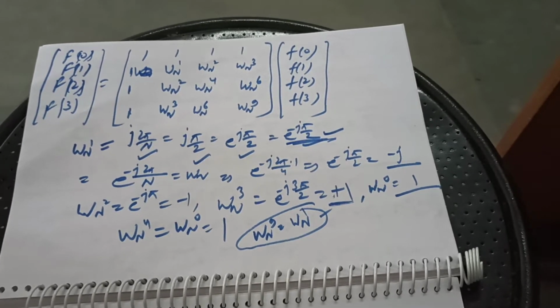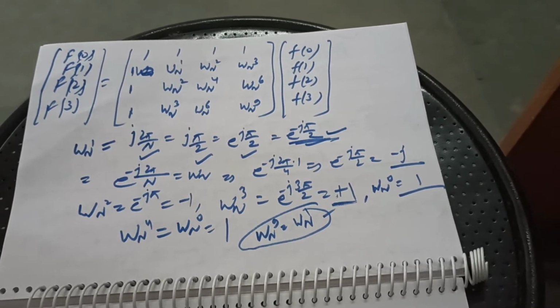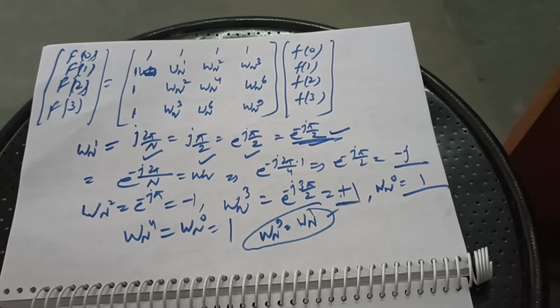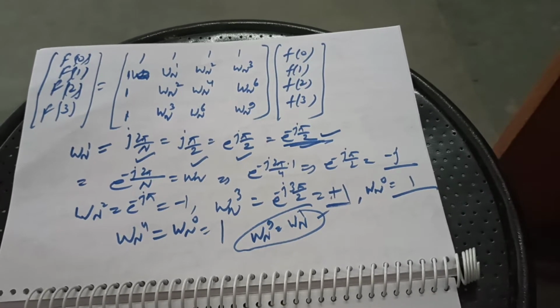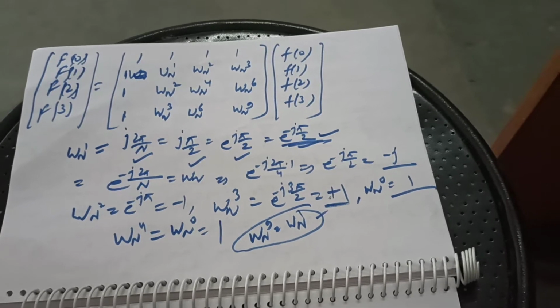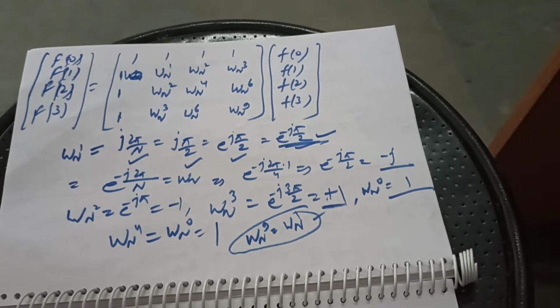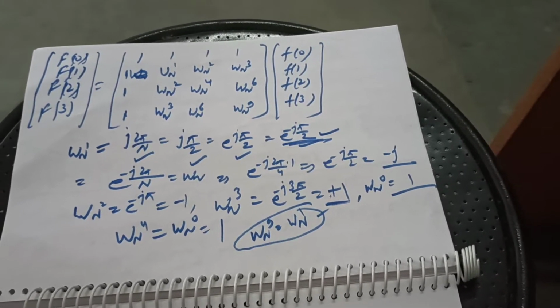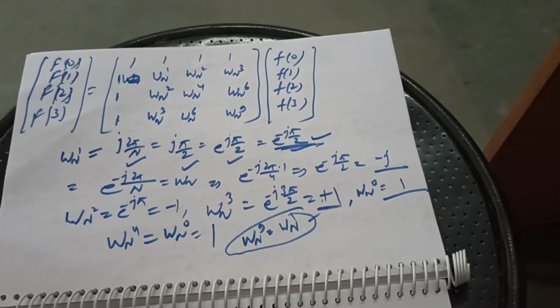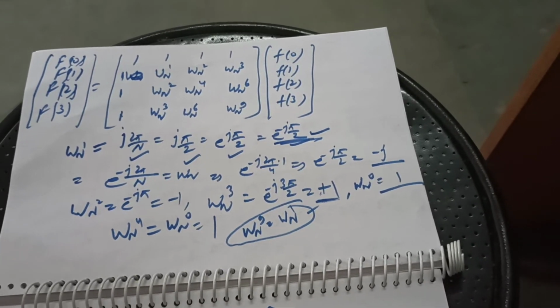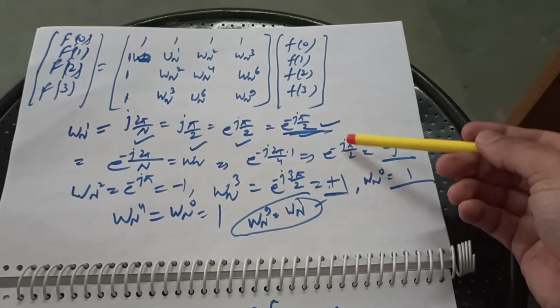Now for the calculations involving the values of the twiddle factor, just have a look at this. Wn1 becomes e raised to the power minus j 2 pi by N. Now e raised to the power minus j pi by 2 will give you minus j, as you can see from this part.